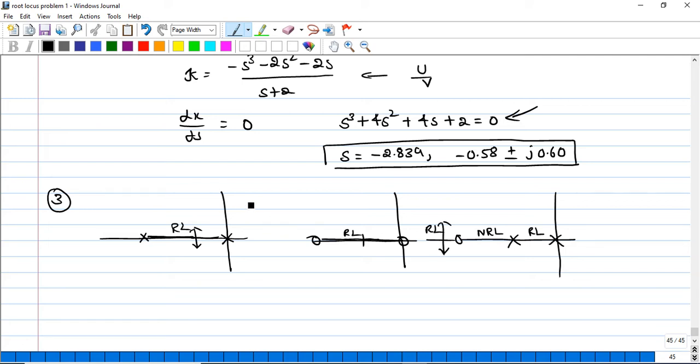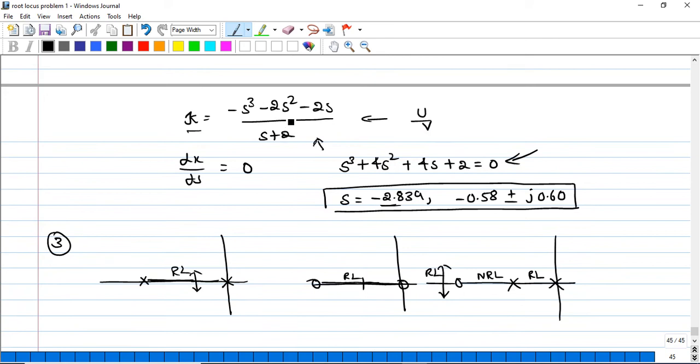One more method is by substituting this value, minus 2.839, in the particular equation for K. If K is positive, then it is valid. If K is negative, then we call it invalid. So we need to substitute s as minus 2.839.